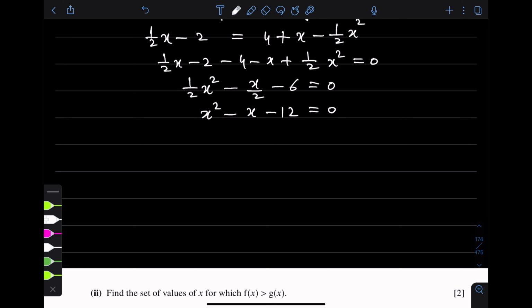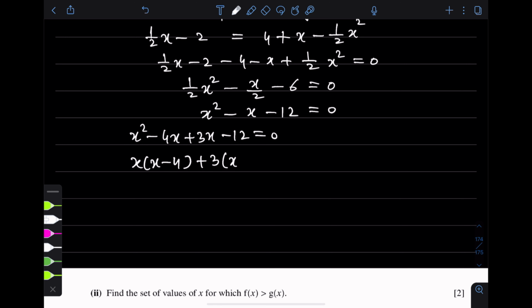Factorizing it, x square minus 4x plus 3x minus 12 is equal to 0. We get two factors, x minus 4, x plus 3 is equal to 0.